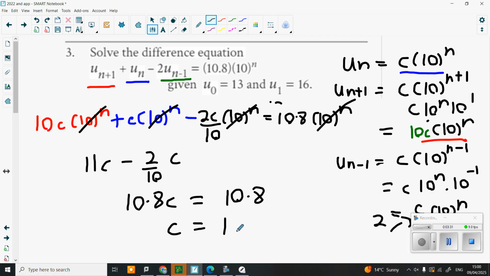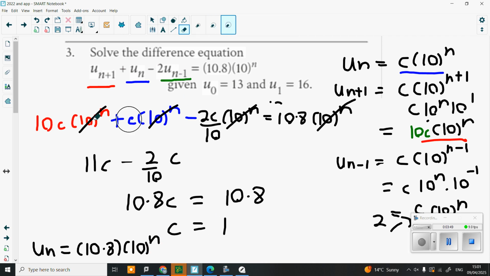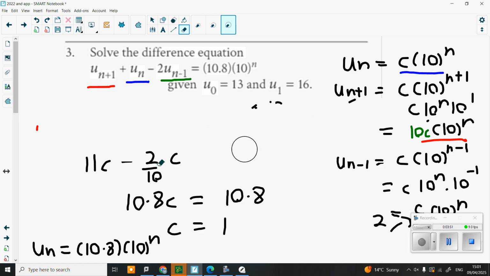Therefore, c equals 1. You all right with that? C equals 1. Done. The particular solution is un equals 10 to the power of n. Okay, so that's your particular solution done.